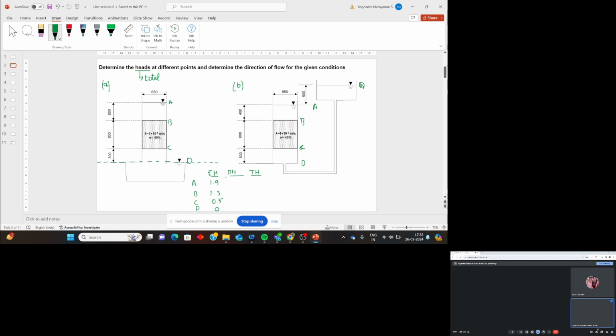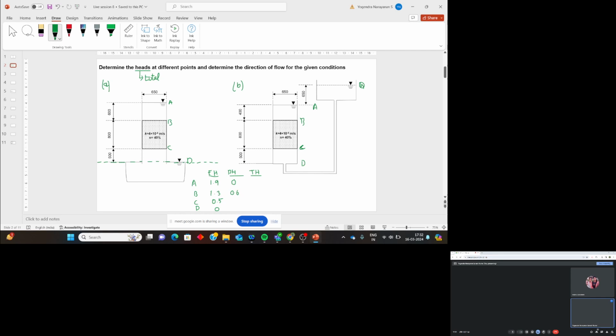Now, what will be the pressure head at A? Pressure head 0. At B? 0.6. Yes, 0.6. At C? 1.4.